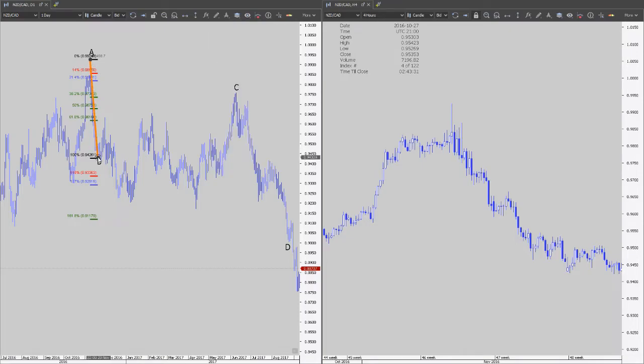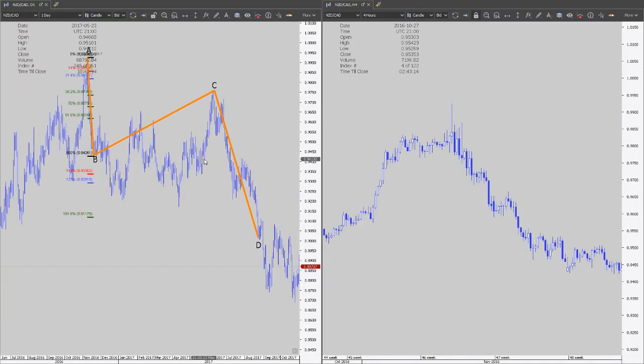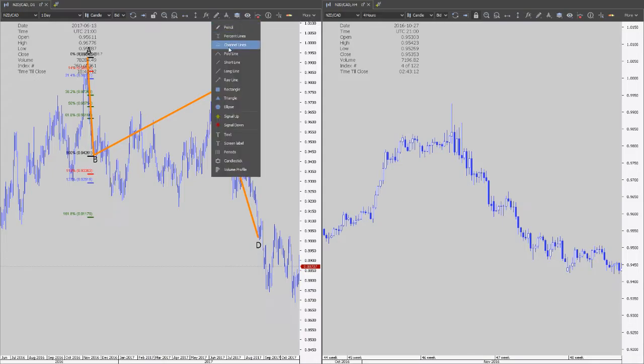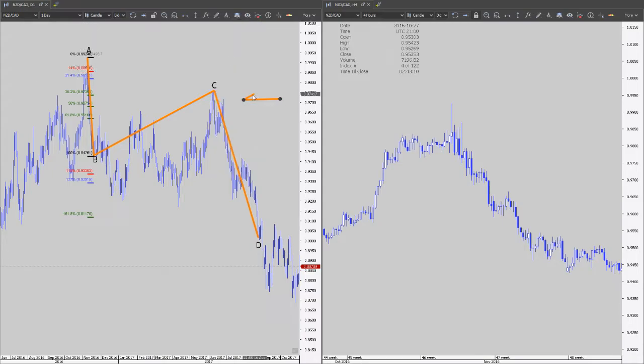A, B, C. What is the C again? The C is the highest point inside the AB boundary after the B, before the market hits the appropriate D extension. Okay. Now, what I was showing you before is that the market is going to crown at the C, right? And you say, passion, I don't believe you.